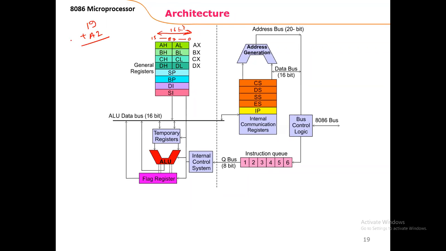This is the addition. So the result: 9 and 2 is 11, and 11 means B. And this 1 plus A, which is 10, is 11, 12 means C. So your result is CB. All clear? This is the hexadecimal addition. Yes, sir, we already covered it in our previous semester, digital electronics.